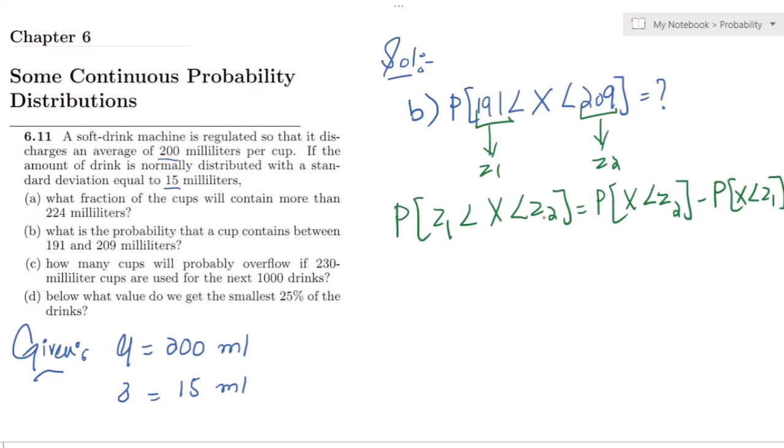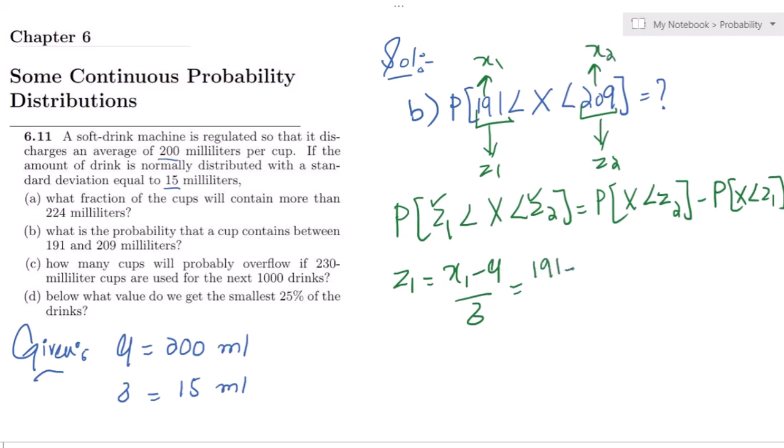We don't know the value of z1 and z2, so the value of z1 is x1 minus mu divided by sigma. Here x1 is 191 and x2 is 209.